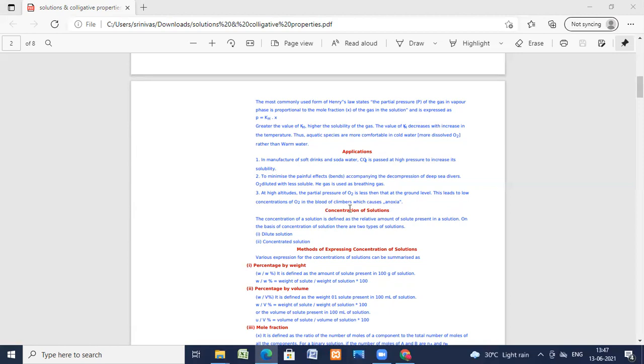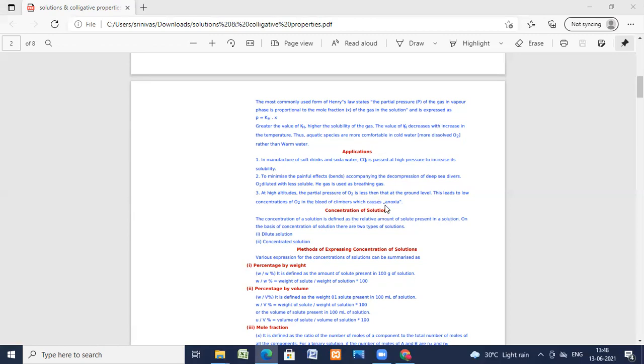What is concentration? Concentration is nothing but the amount of solute in the solution. The concentration of a solution is defined as the relative amount of solute present in a solution.